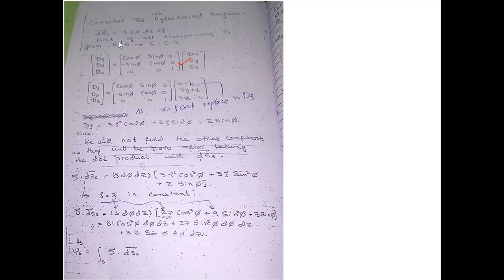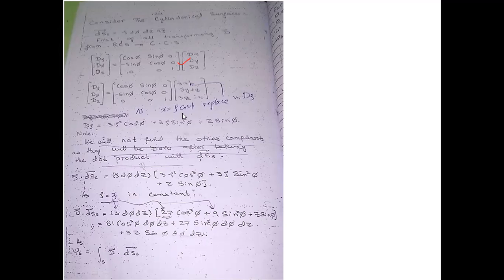For this purpose we have to transform the D component from the RCS to the CCS, and we only require the D rho component, because dS is in the direction of a rho. So only D rho will be used, and we will transform only the D rho by this.